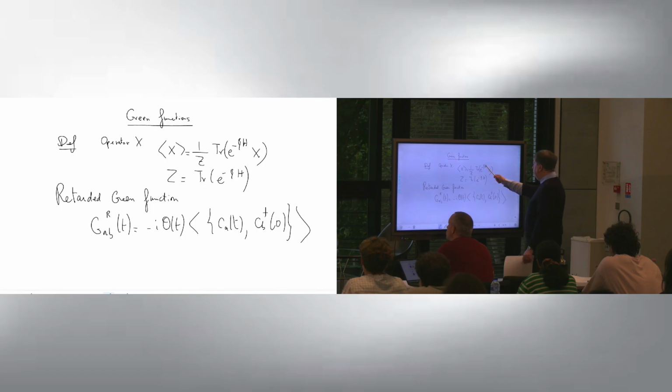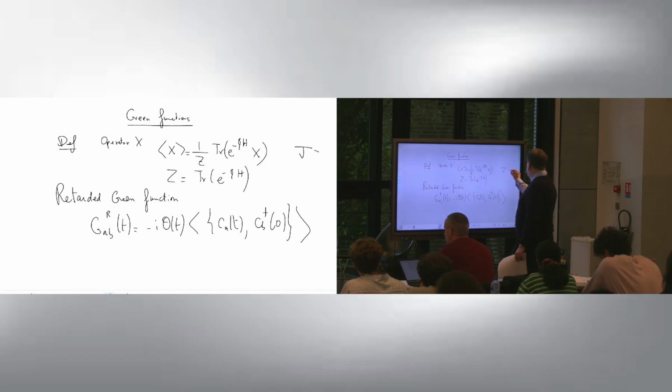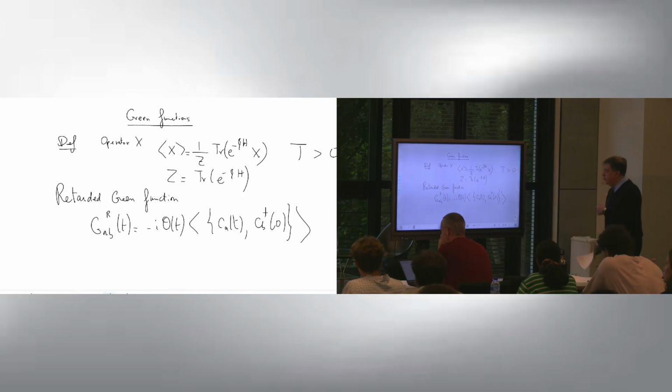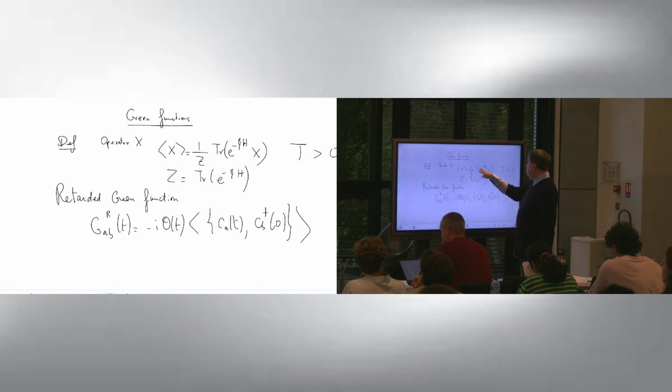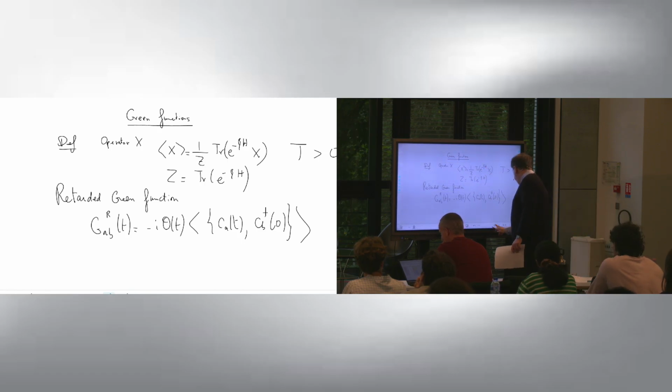Of course, that's at finite temperature, T bigger than 0. At zero temperature, this is replaced by the average in the ground state.